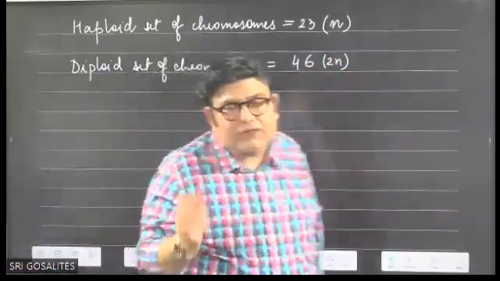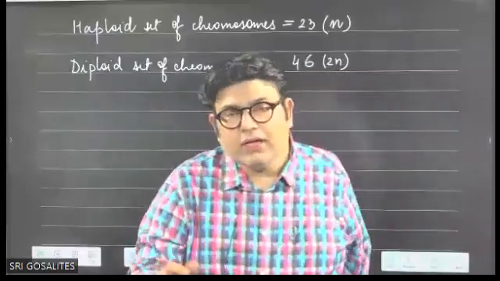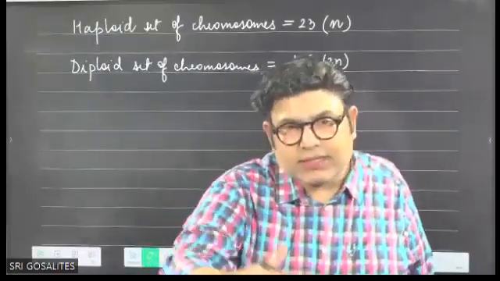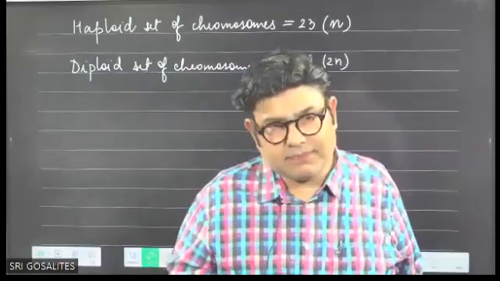So we all have diploid set of chromosomes. These bodies can be represented as 2n.